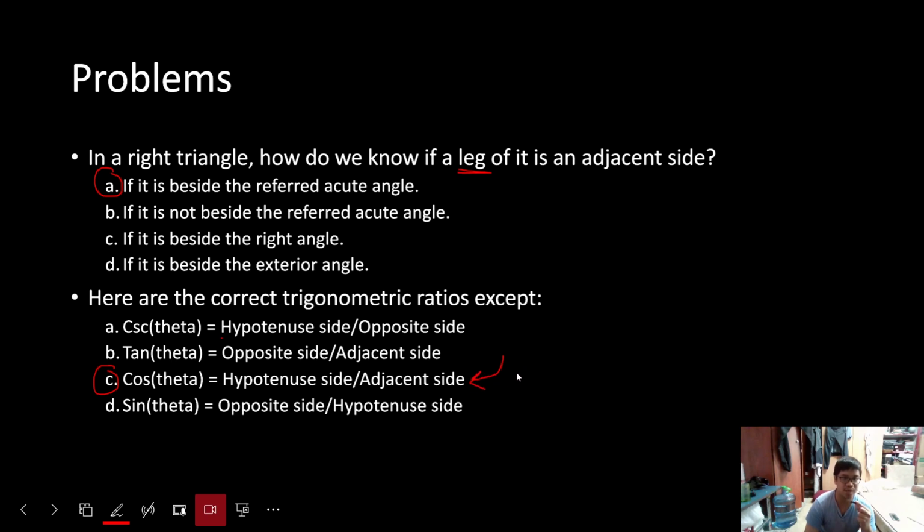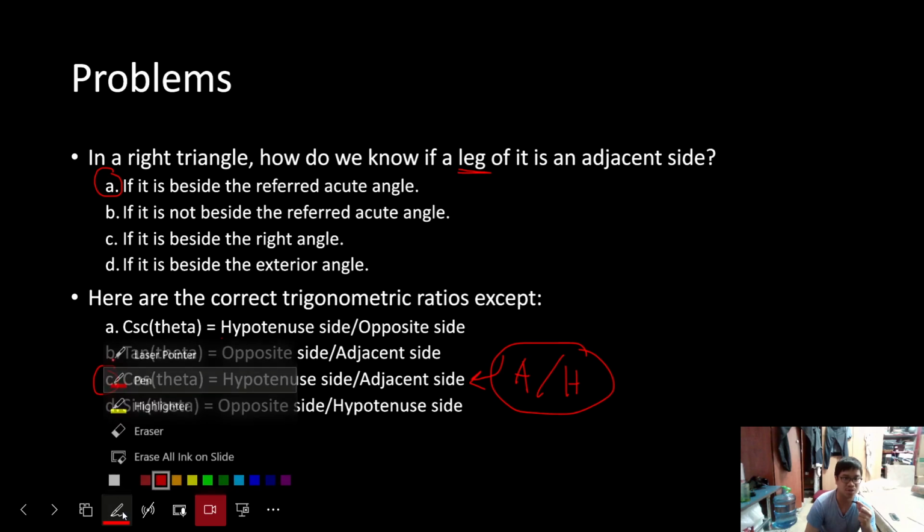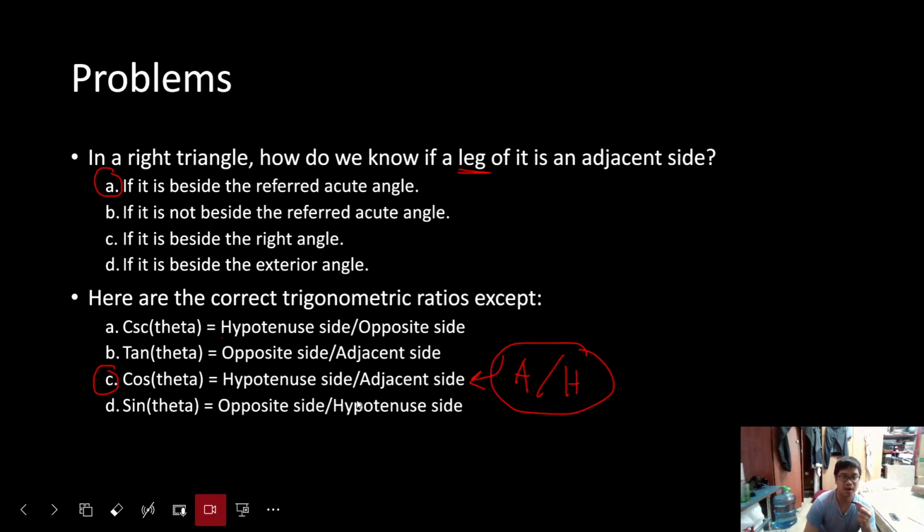It should instead be adjacent side all over the hypotenuse side. This is how we write the ratio for the trigonometric function cosine. Okay, so it's A all over H, not H all over A. Right? So the answer here is letter C.